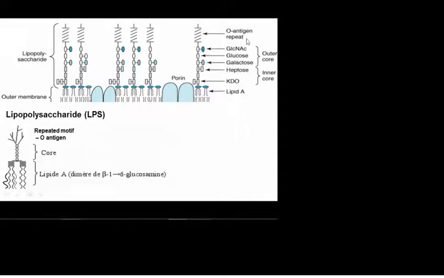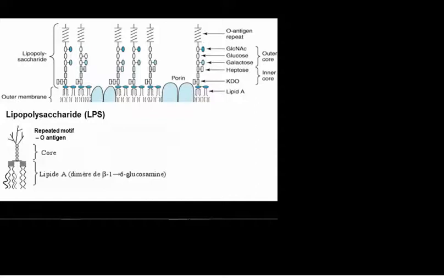Now the lipid part is lipid A, which makes up the outer leaflet of this membrane. And directly attached to it, there's what is called a core oligosaccharide. And you certainly do not have to remember this structure.